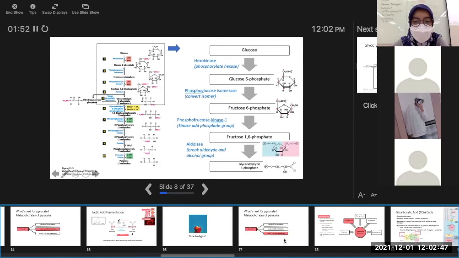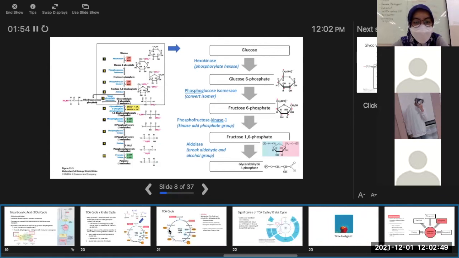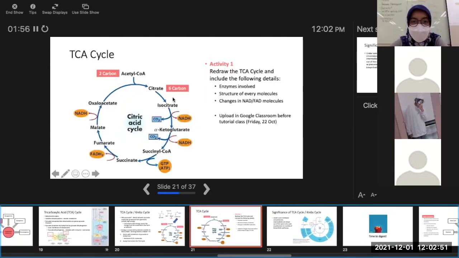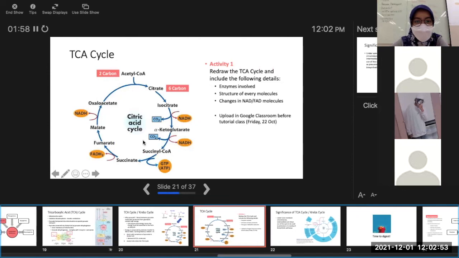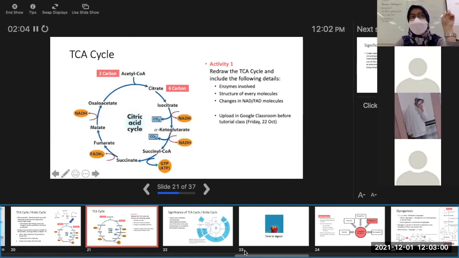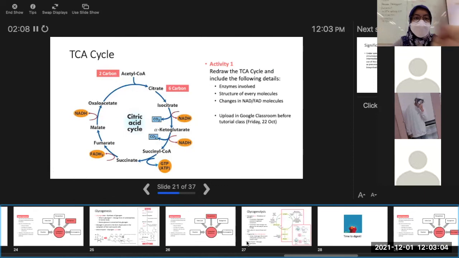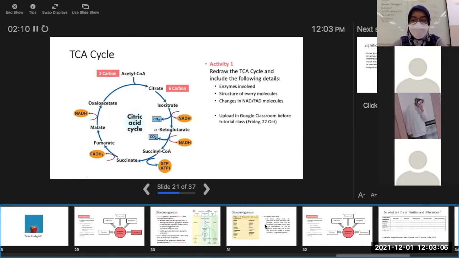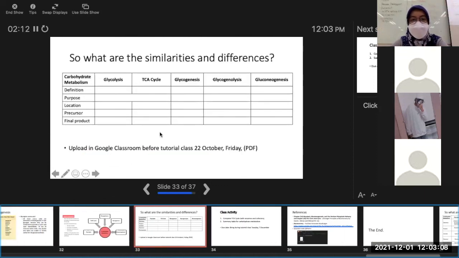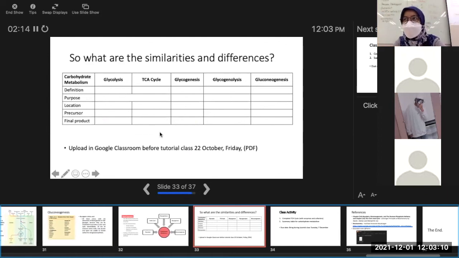You can write the chemical formula changes for you to understand what the difference is. And don't leave out the NADH and also FADH2. So two things for you to do before the next tutorial next week: this TCA cycle completed and this table. You don't have to submit anywhere, but bring the completed one for the tutorial for you to refer to.